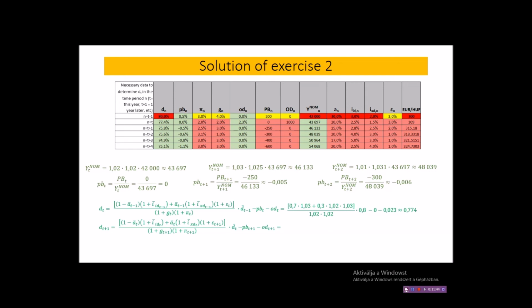We are looking for the ratio of the government debt in the period t plus 1, where the previous year's values are not t minus 1, but t.